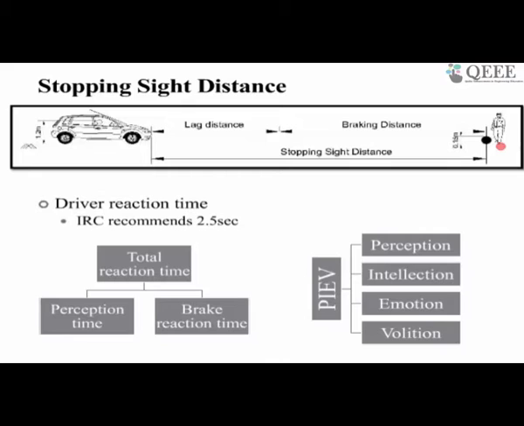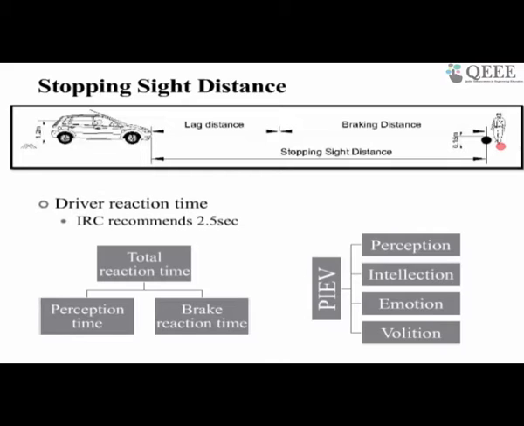It's a very small fraction of a second, but it is still there. This time, when the information goes from our eye and ear to the brain, is called the perception. Once it goes to our brain, we need to process that information to understand what is exactly happening, and that is called the intellection. And this will evaluate what the situation is.